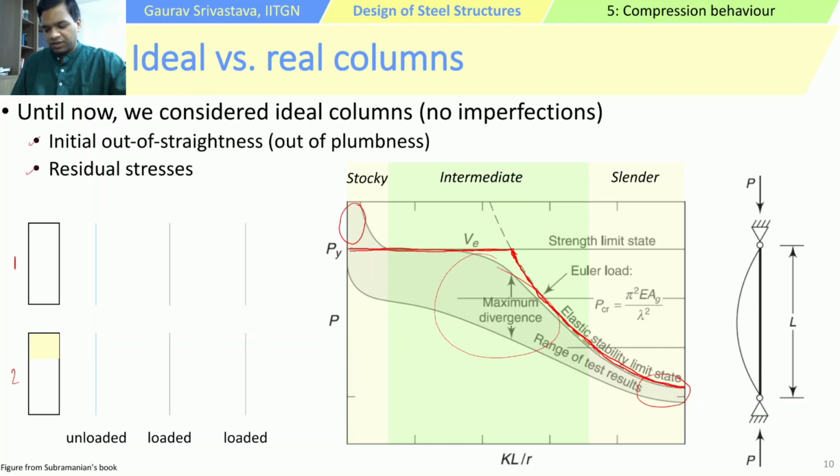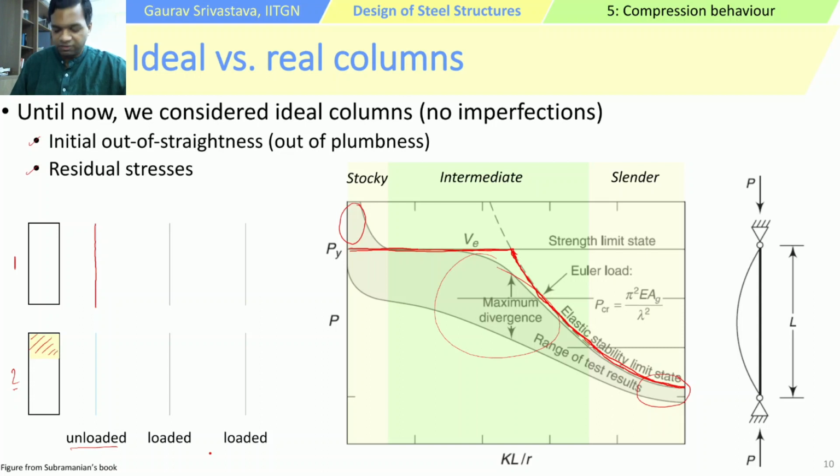In section 1 there is no residual stress, so this is perfectly zero stress. In an unloaded state, if we plot the axial stress distribution on the cross section, for section 1 it is going to be perfectly zero because there is no residual stress. For section 2, there is a region where there is some residual stress.